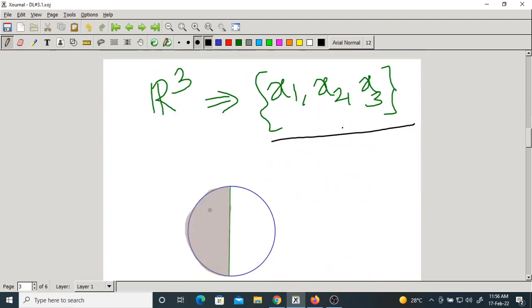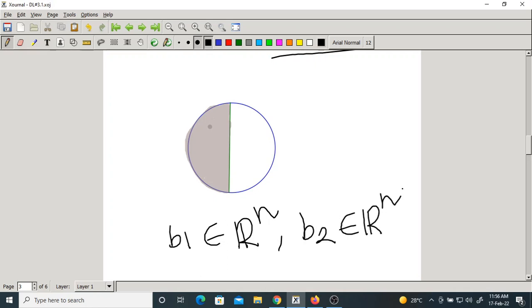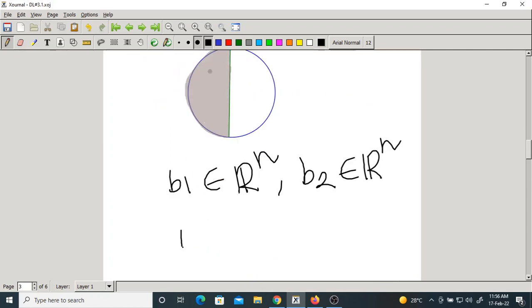B1 belongs to R power n, and B2 also belongs to R power n. So B1, B2 belong to R power n, and W1 and W2 belong to R power n cross n.